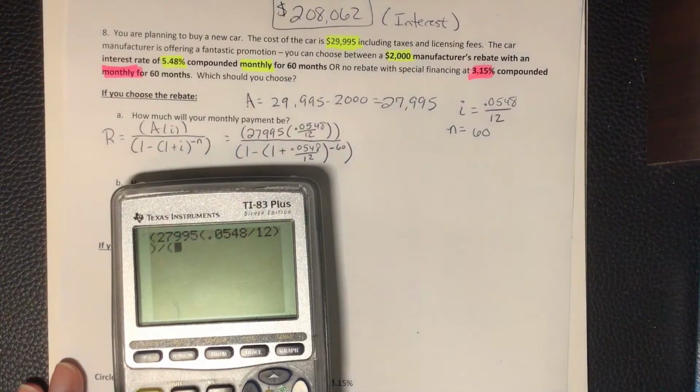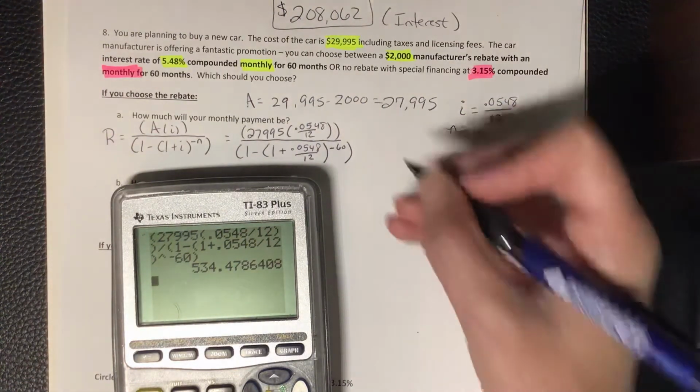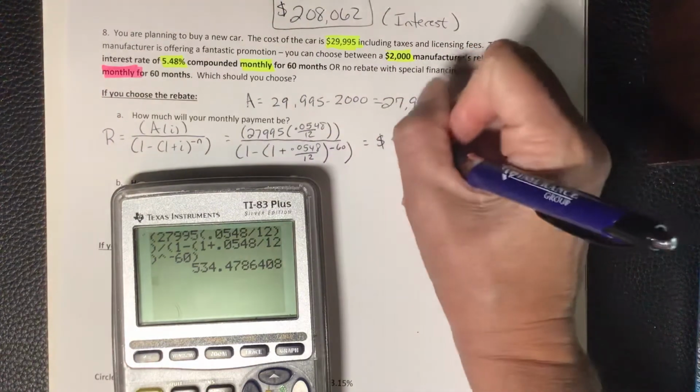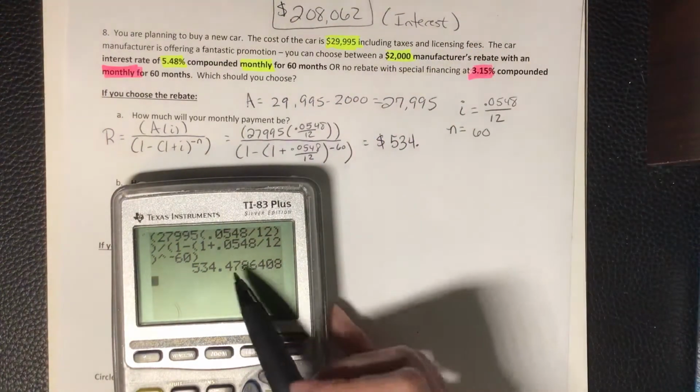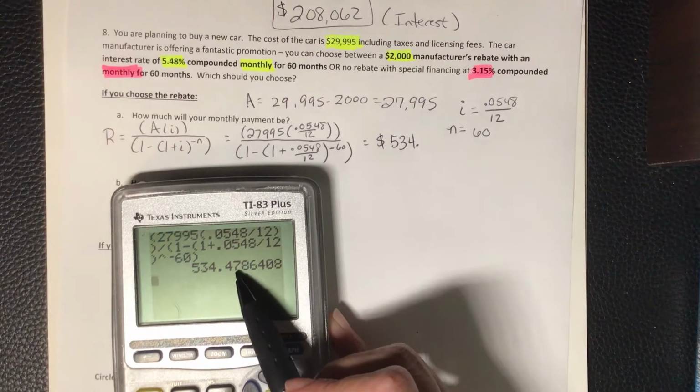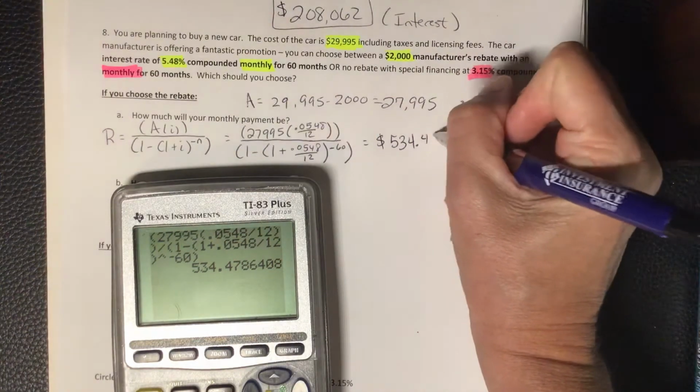Divide, we're going to open a parenthesis, 1 minus, open a parenthesis, 1 plus, 0.0548 divided by 12. Close that inside parenthesis, we're going to raise to the negative 60 and then close the last parenthesis. Now this is a car payment, so that looks like a somewhat reasonable value. We'll go $534. Now notice it's 478. The 8 is going to round that up to 48 cents.